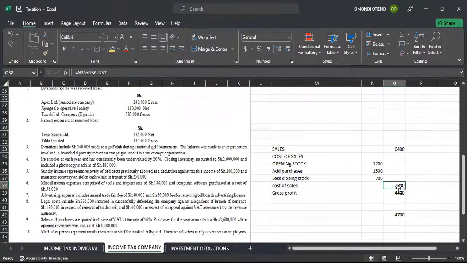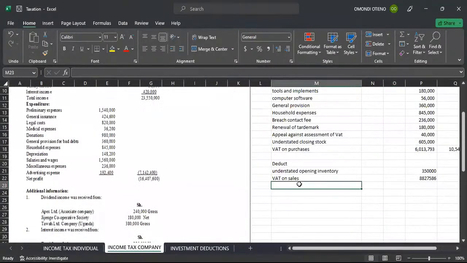Cost of sales reduced, and when cost of sales has been reduced, profit itakuwa higher, and that's why we are now going to subtract it to get our profit to the right place. Yes, so now we come here and put photocopying machine.